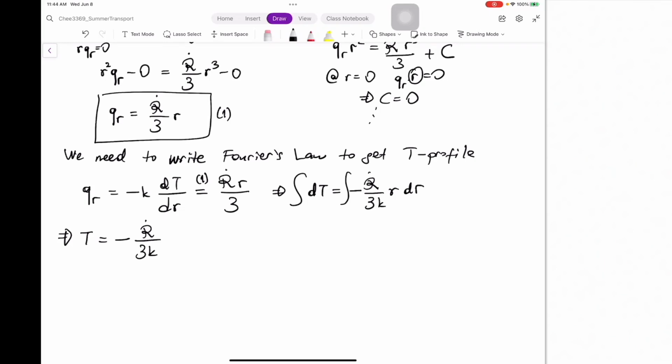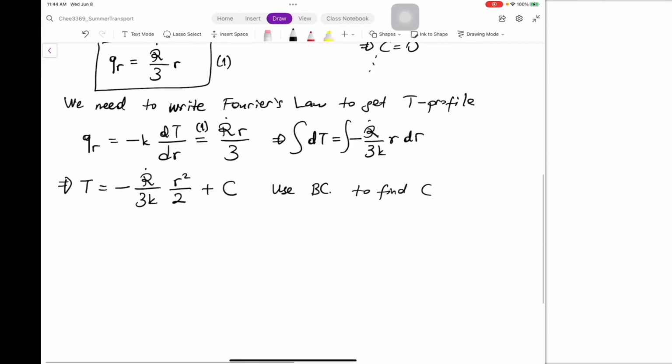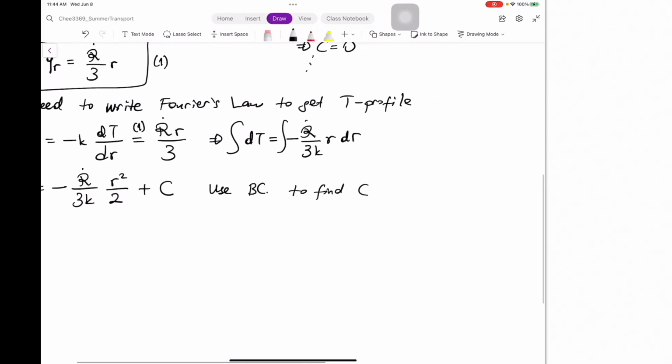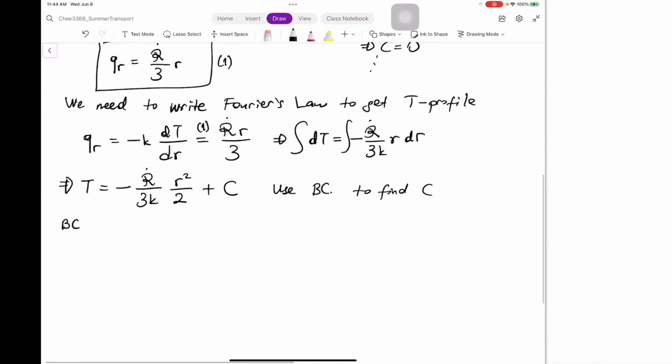The integral of R dR is R squared over 2, R squared over 2 plus C, some constant, and use the boundary condition to find C or relate C to any known temperature. So we can say the boundary condition at R is equal to capital R is at the surface of the sphere. Let's call the temperature TR.